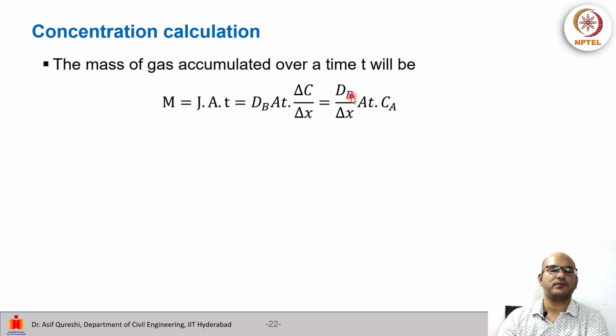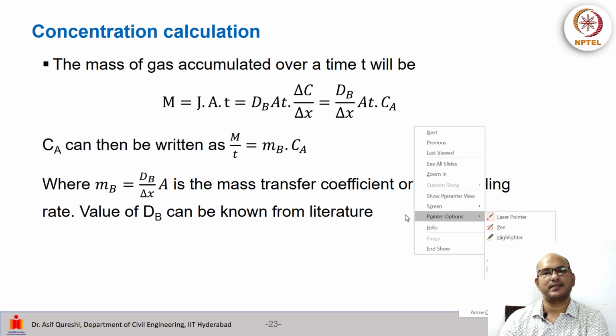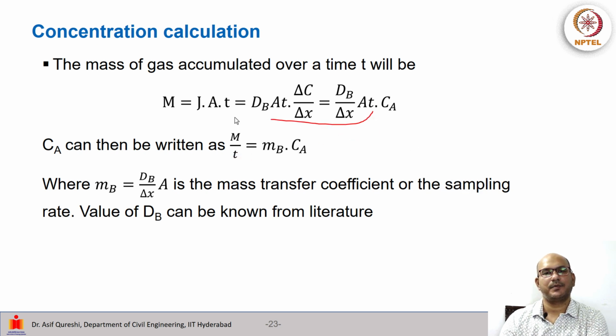Now DB is known or can be known through equations derived using separate experiments. A and delta X are dependent on the geometry of the sampler and can be known, and T is our sampling time, which we know already, and M we will determine from the lab work. So all these things will be known and Ca could be calculated. If we rewrite this, we will have Ca equal to M by T, basically this T will be brought here.